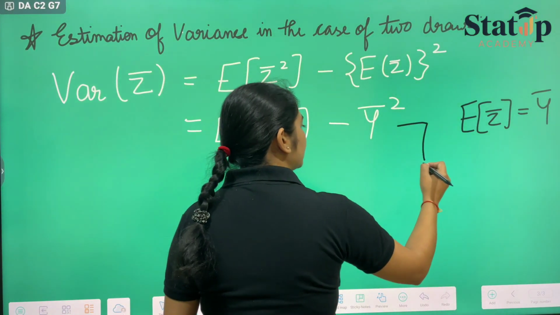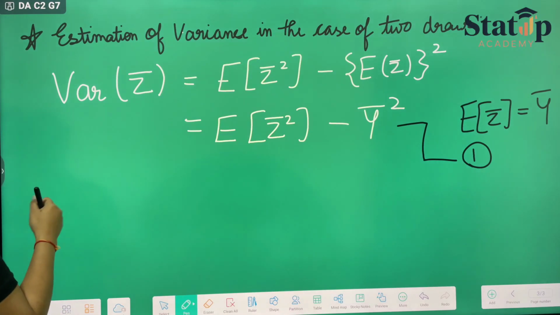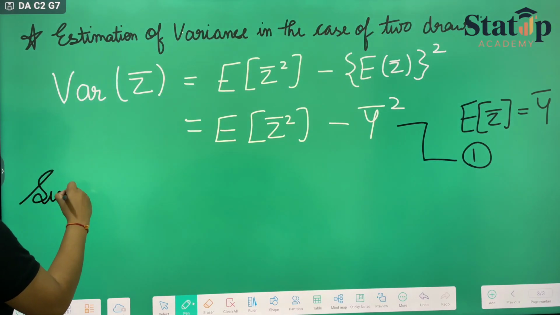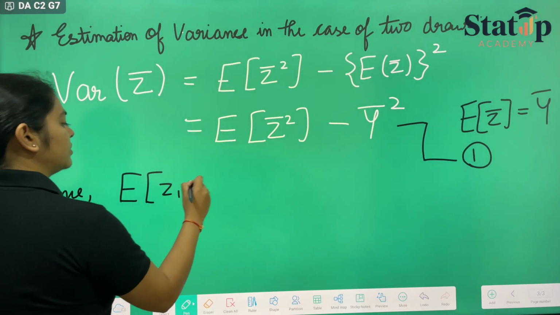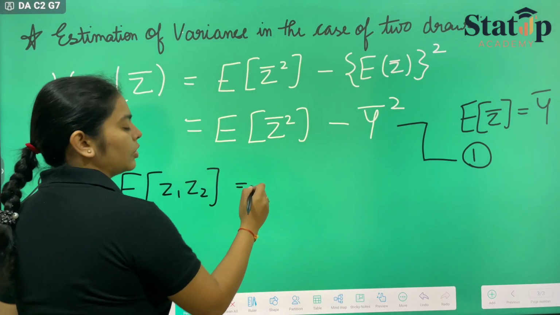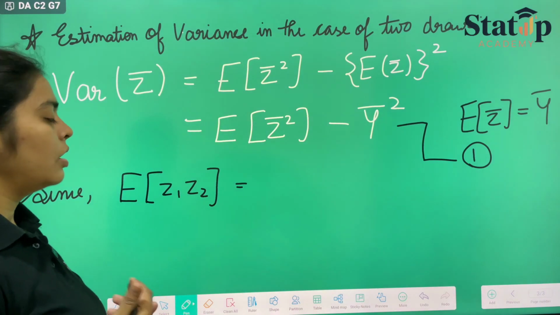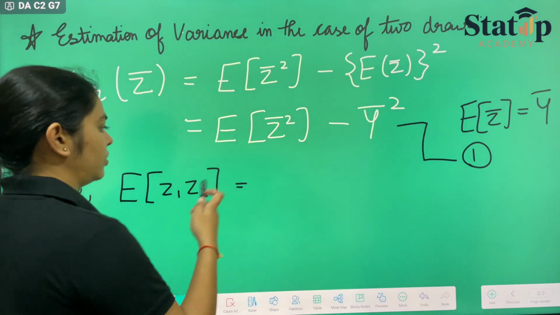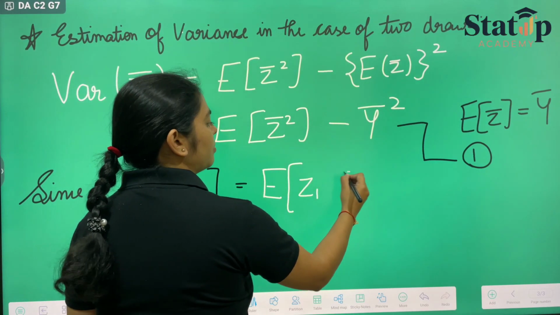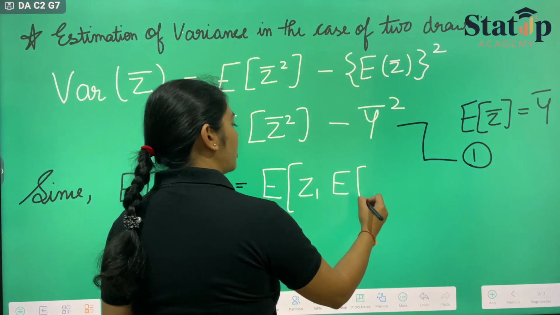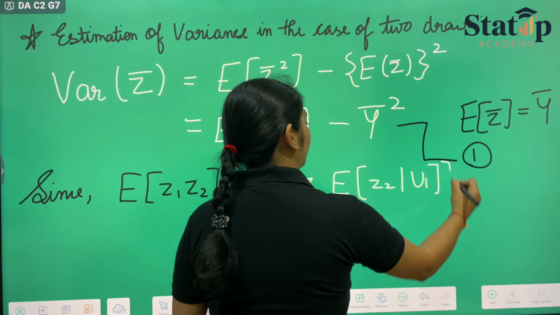So we can take this as equation number 1. Now let us take, since estimation of z1 z2 can be written as, because we have been taking two draws, z1 and z2, so it can be written as estimation of z1 into estimation of z2 given first unit has already been drawn.